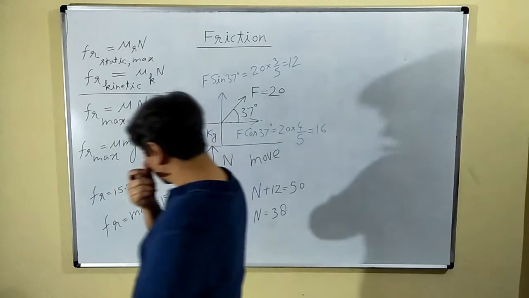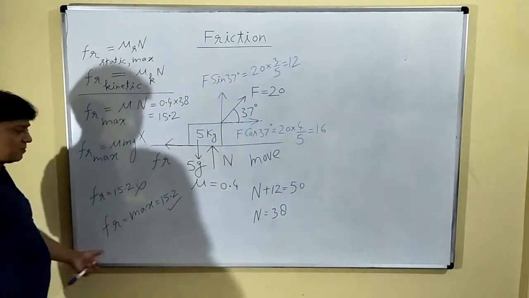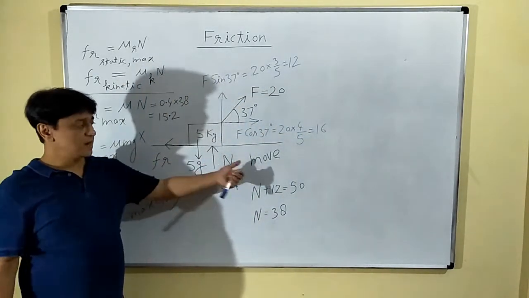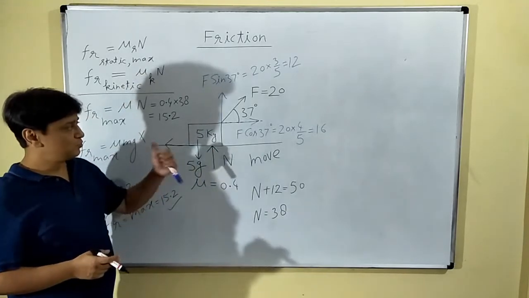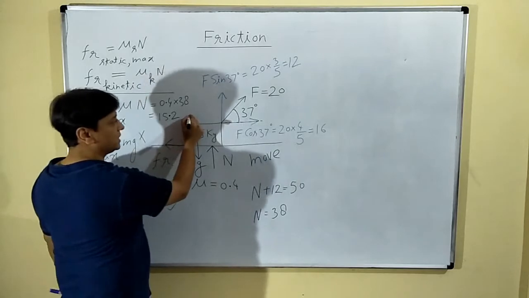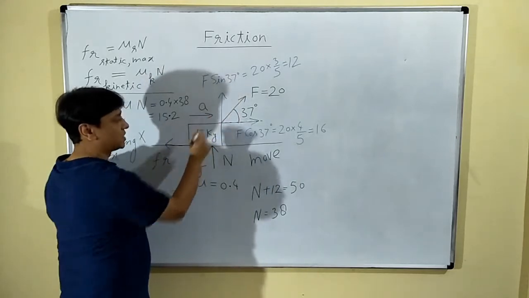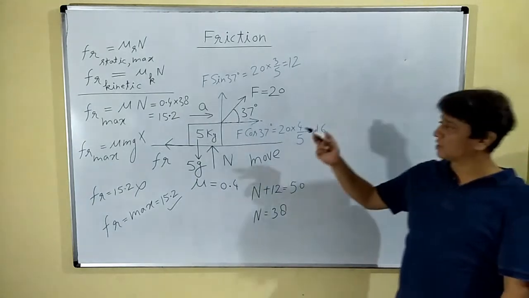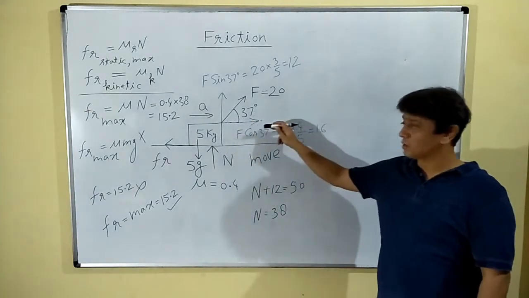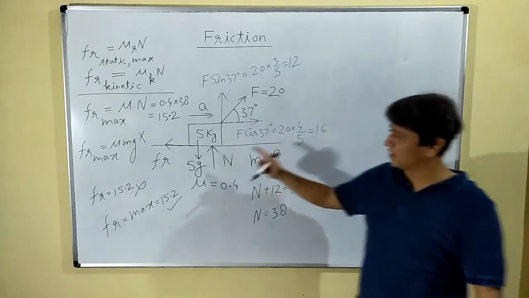अब एक बार हमने फ्रिक्शन का डायरेक्शन डिसाइड कर लिया, फ्रिक्शन का मैग्नीट्यूड डिसाइड कर लिया, ये डिसाइड कर लिया बॉडी मूव कर रही है या नहीं. They can also ask you, if it's moving, then find out its acceleration, say a. This is also not a difficult task. How do you find acceleration? Horizontally क्या क्या forces हैं? 16 and the other is what?